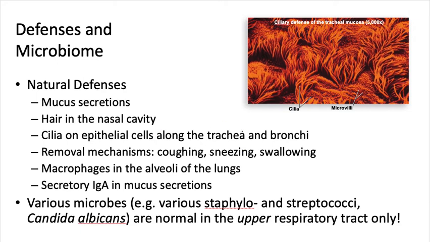We have cilia on the cells that line the trachea. So the epithelial cells that line the trachea and the bronchi have cilia, and that helps move mucus in an upward direction. And so the cilia beat and the mucus moves up and out of the throat. We also have other first-line flushing mechanisms, including coughing, sneezing, and swallowing.